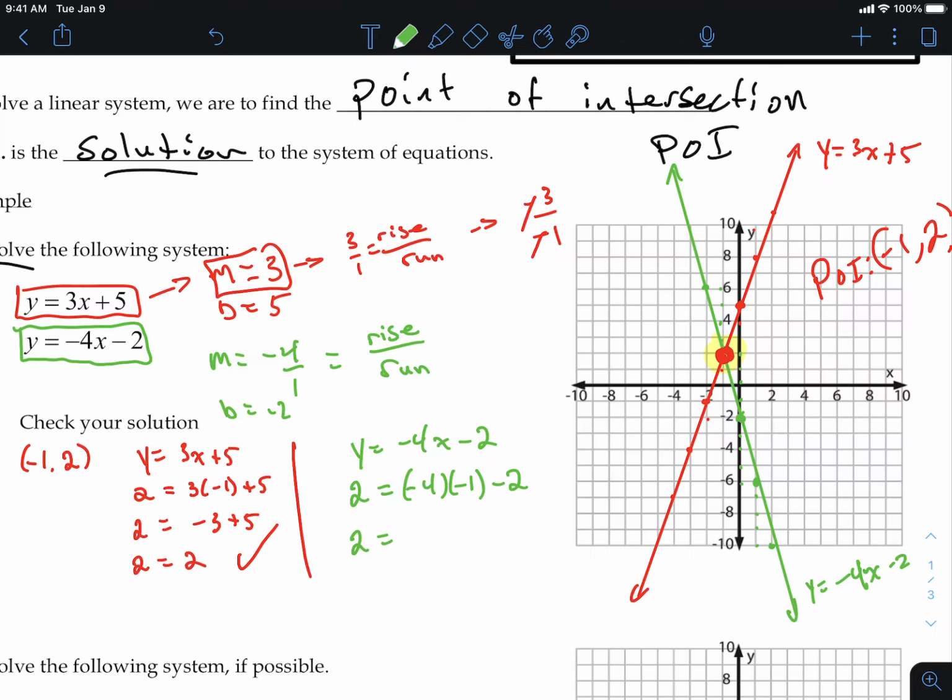So 2 equals 4 minus 2. 2 equals 2. Okay. We know we're good, because that point satisfies both equations at that unique point. Does that make sense? That's how you check.